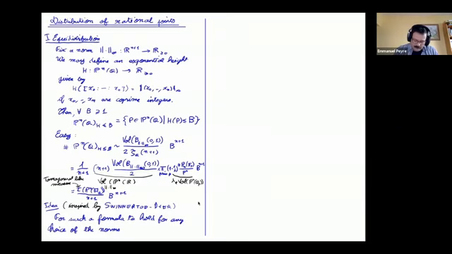So for any choice of the norm, the Tamagawa-like adelic measure I introduced has to describe the asymptotic distribution of the rational points of bounded height.